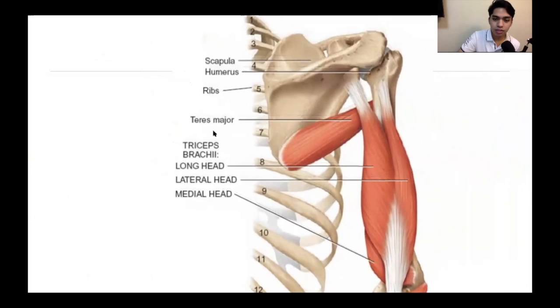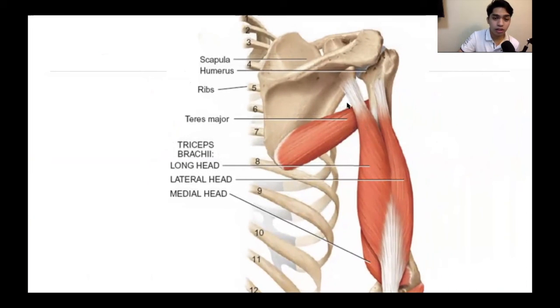Okay, so for this illustration that I found on the internet, it shows a portion of the medial head. So as you can see, the long head again originates at the infraglenoid tubercle of the scapula, whereas the lateral head originates at the upper half of the posterior surface.